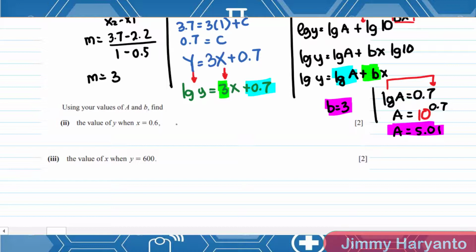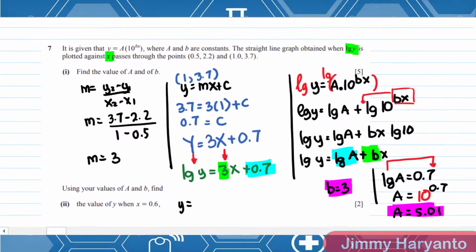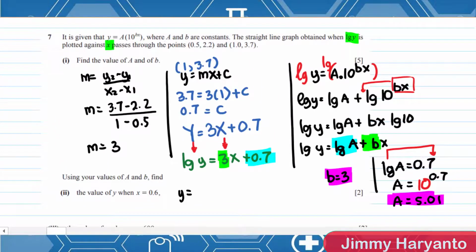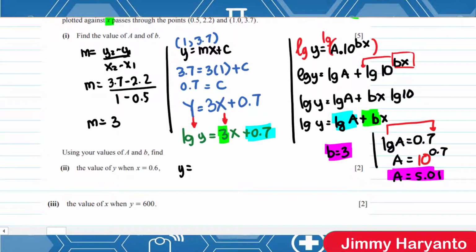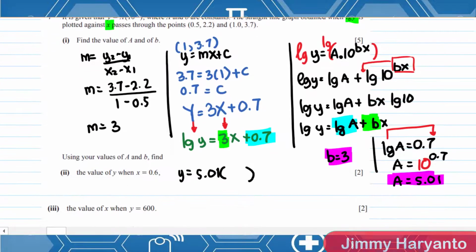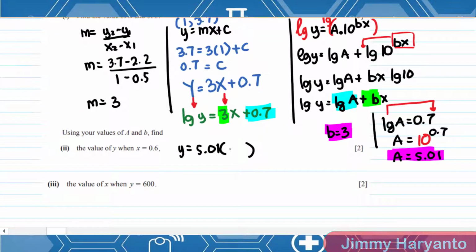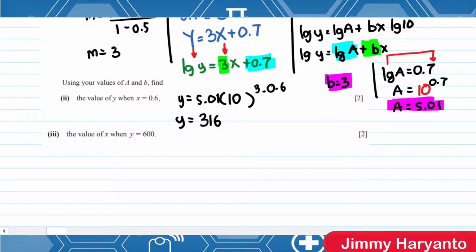For this one, I will use the equation in the question. a is 5.01 times 10 to the power of bx, b is 3, and x is 0.6. So using your calculator, you will get 5.01 times 10 to the power of 3 times 0.6, which is 316 in 3 significant figures.